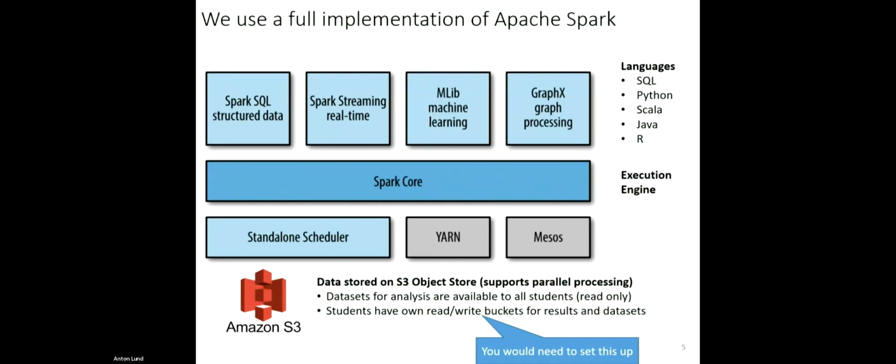So all of the students can have both read access to the data sets we're using, but read-write access to their own buckets. So they can store results, store their own data sets for the work that they're doing. And that makes the community edition feasible with using fairly big data sets, non-trivial data sets to work with.